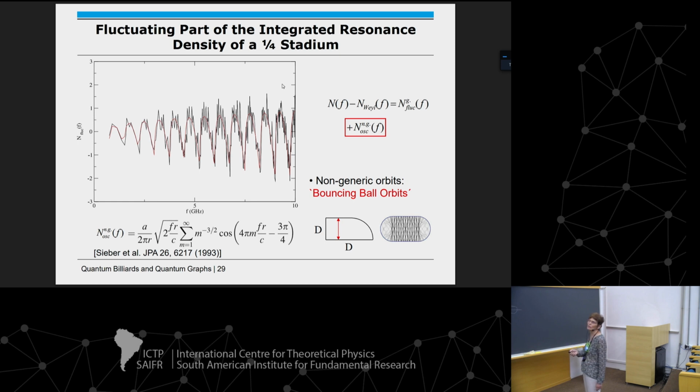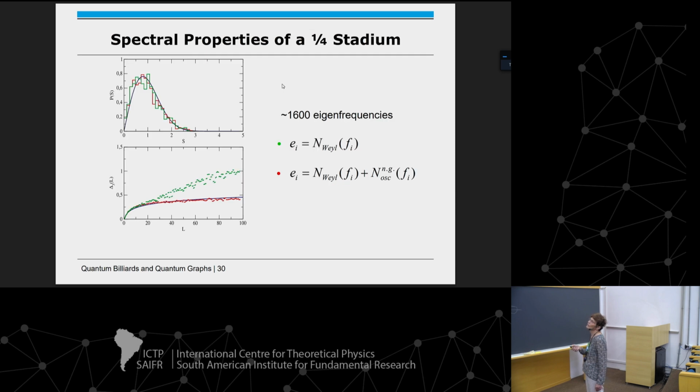So you can now use this analytic expression and unfold, not in the conventional way, but by adding these small, slow oscillations. When you unfold according to the conventional rules, you get clear deviations of the delta 3 statistics from GOE. So you can see what kind of effect these orbits, which are of measure 0 in the classical limit, can have on the quantum dynamics.